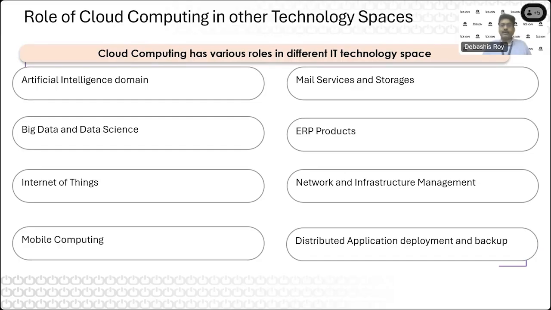Cloud computing today is required in whatever business domain or technology you're working in. If you want to work in the artificial intelligence domain, the cloud is an essential component, because today everything is happening on the cloud.